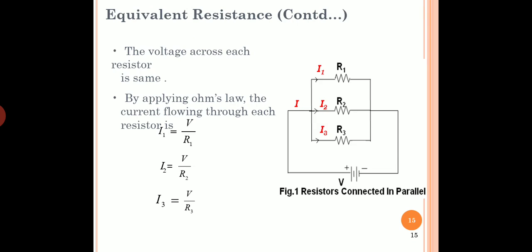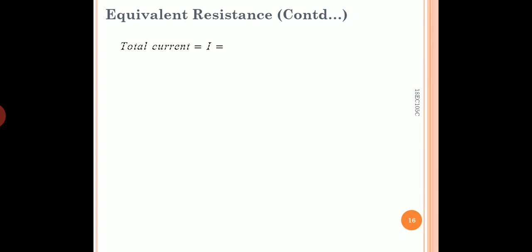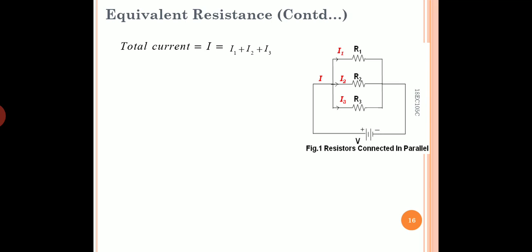The total current is equal to I1 plus I2 plus I3, the sum of all the three currents flowing in each resistor. And what is I1? I1 is equal to V by R1. Similarly, I2 is equal to V by R2, and I3 is equal to V by R3.